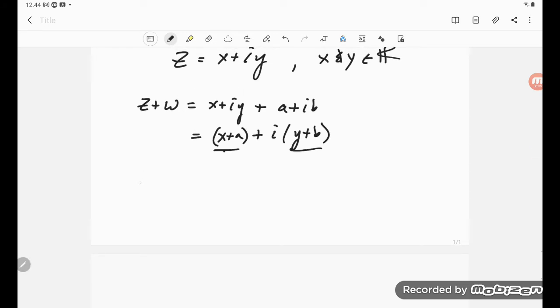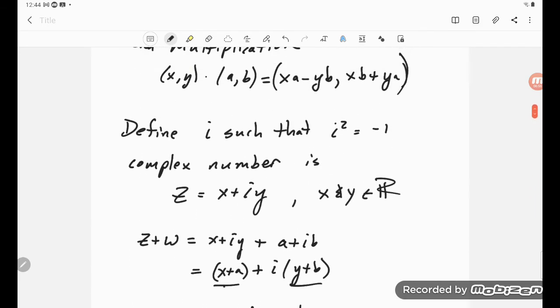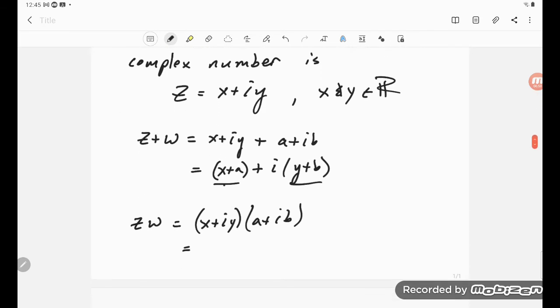And now if I take z times w, well, that would be an x plus iy times an a plus ib. Now, if we just multiply that in the usual fashion, we'll get, now I don't remember if back here I wrote xa, okay.